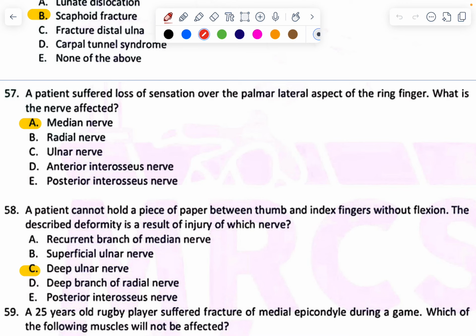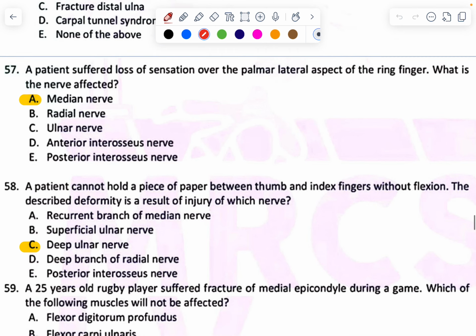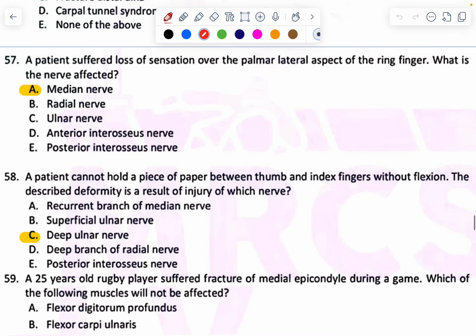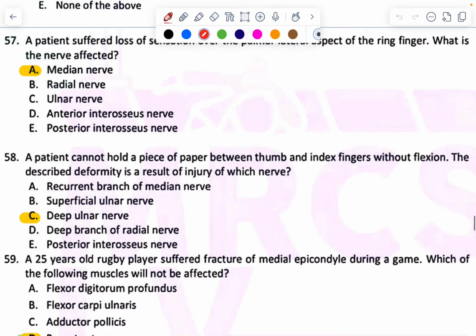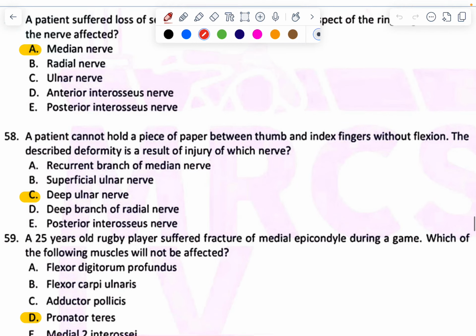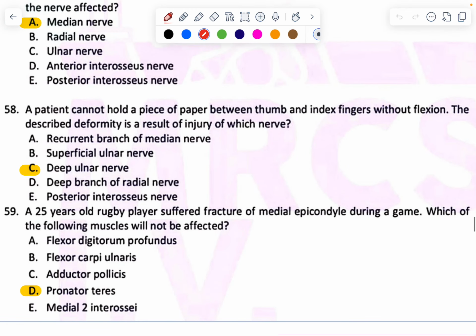A 25-year-old rugby player fractured the medial epicondyle during the game. Which of the following muscles will not be affected? So all the flexor origin, the flexor superficial muscles are from there, and whatever flexor digitorum profundus, flexor palmaris, abductor pollicis, pronator teres.